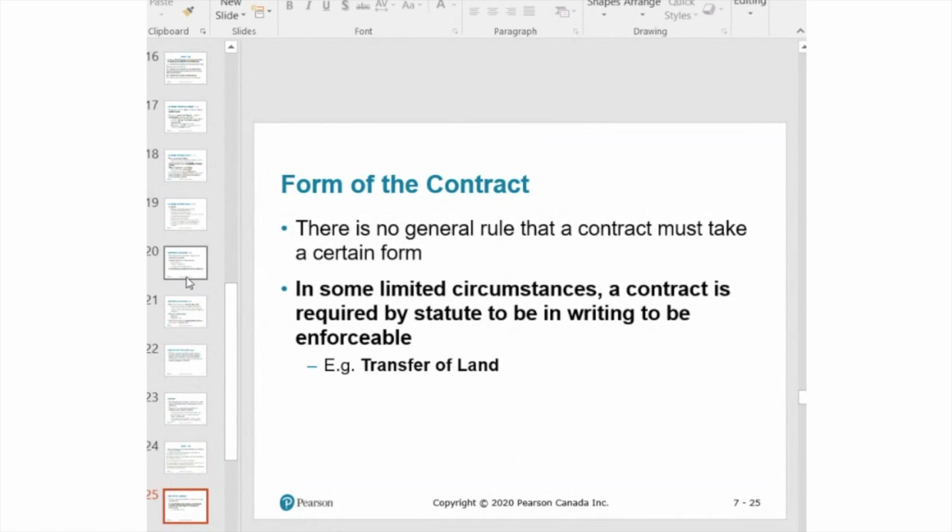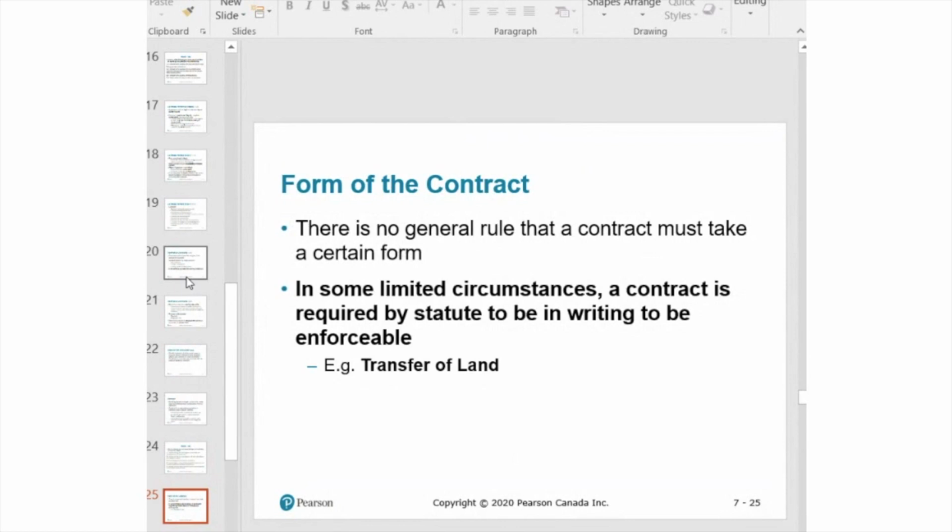So if you need to sue someone because of an oral contract, it may be difficult to prove, but not impossible. You may have witnesses, you may have a recording, etc. So what you need to remember and memorize is that oral contracts, verbal contracts are as valid as the written ones.